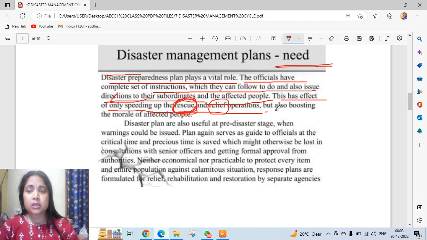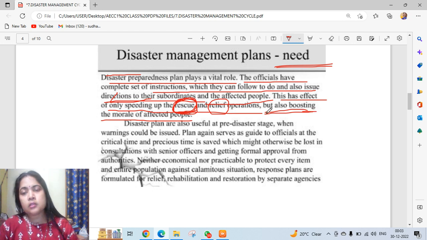But it is also boosting the morale of affected people. So if the government takes some steps through disaster management plans, then the victims will also get moral support.